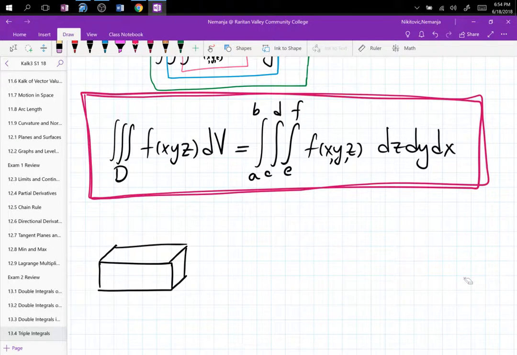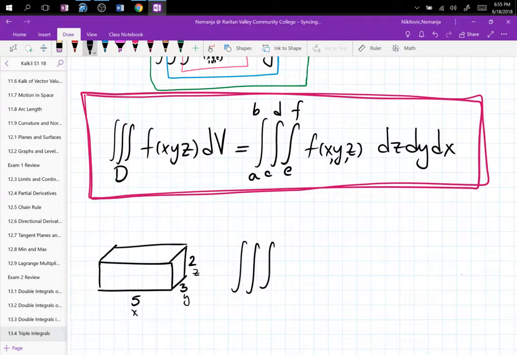So now I have this box. I want this box to be 5 units in the x direction, 3 units in the y direction, and 2 units in the z direction. So my integral for volume would have no function inside.